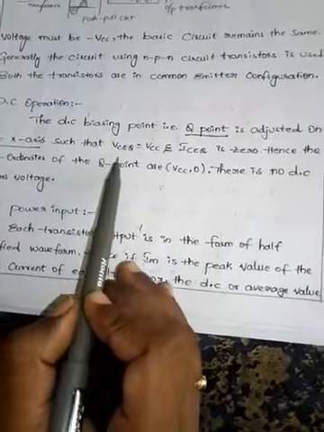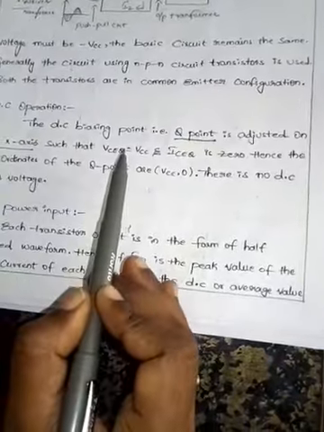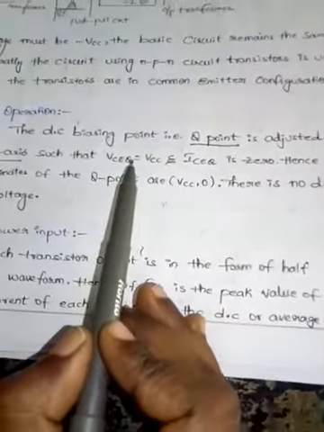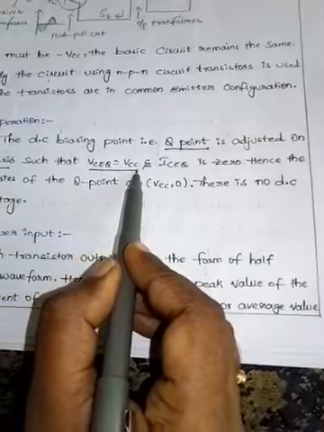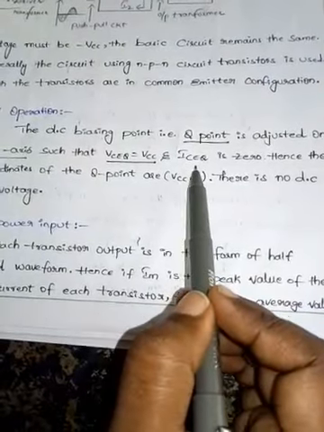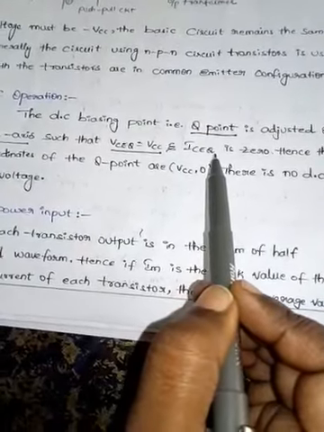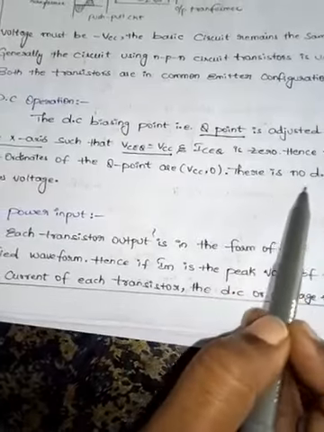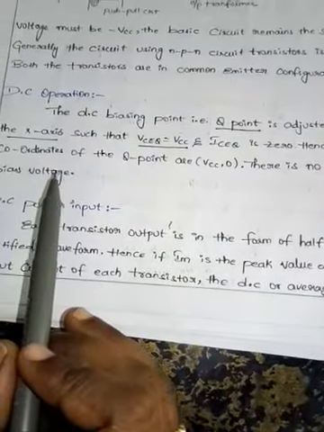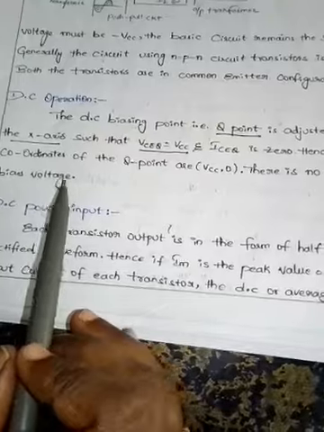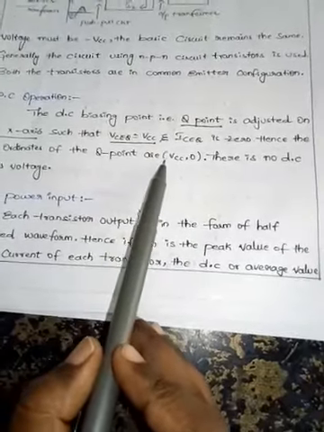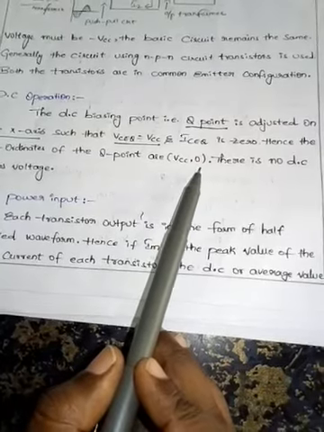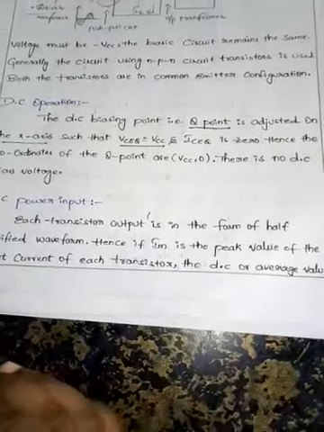So we need to take VCEQ equals VCC, and ICQ is 0. Hence the coordinates of the Q point are (VCC, 0). Hence there will be no DC bias voltage.